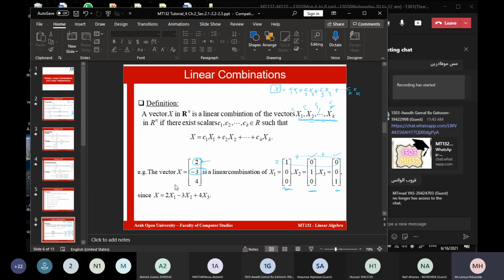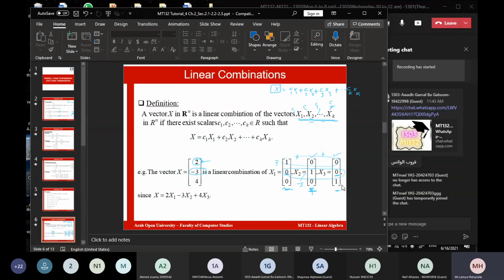Now this is minus 3, so I have to look after this part. This is 0, whatever I multiply by, and I already multiply by 2, so this is going to be 0. Correct? And also this one is 0. So this vector I can multiply by minus 3, and the last one I can multiply by 4.